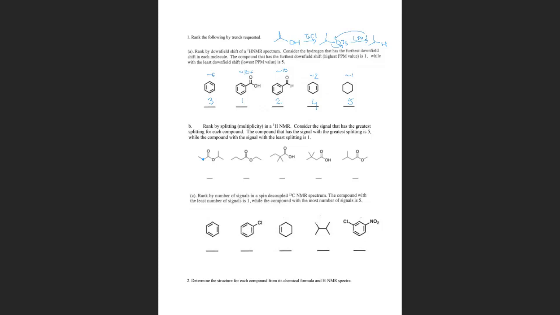Yes, more neighbors. So first we can talk about the hydrogens that are next to it, and then we can look at the splitting. So for this carbon in blue that I've circled, how many neighboring hydrogens does it have?